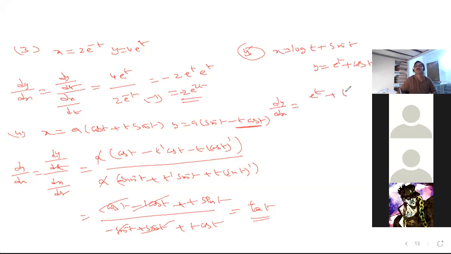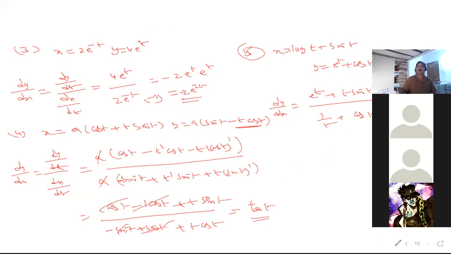The derivative of e to the power of t cos t involves minus sin t, am I right? And the derivative of this one is 1 by t, the derivative of sin t is cos t. Nothing will happen, you have to write like this. If I ask you dy by dx at t is equal to 0, then you have to substitute, right? Okay, sir. What happens here? It becomes undefined. We will take it at a coming stage, not now. We go for the next one.